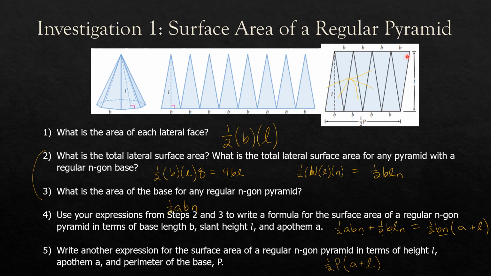So this is a parallelogram, and the area of the parallelogram would be the base times the height. In this case, the base is half of the perimeter of the big base of the pyramid. And then the height of the parallelogram would be the slant height. So that would also help us in giving the lateral surface area.